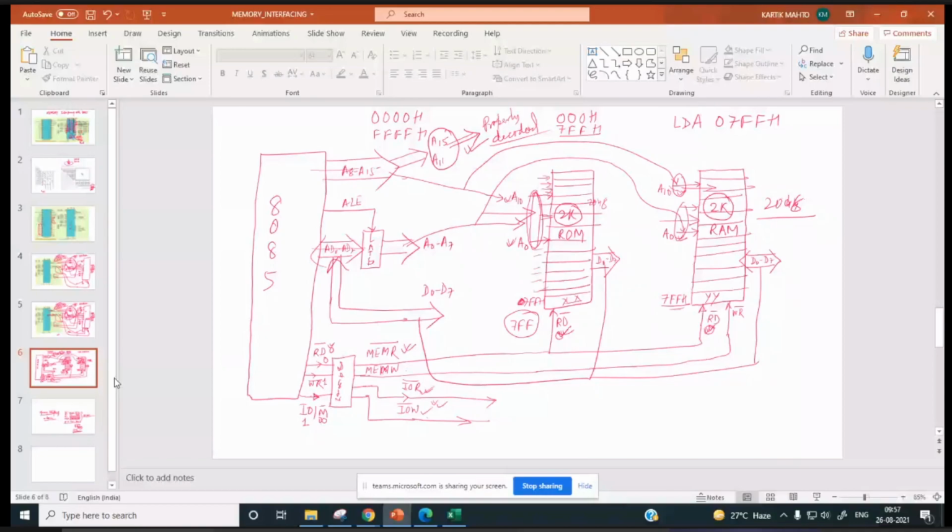These pins will be decoded properly and used for chip select. Very, very important: chip select.